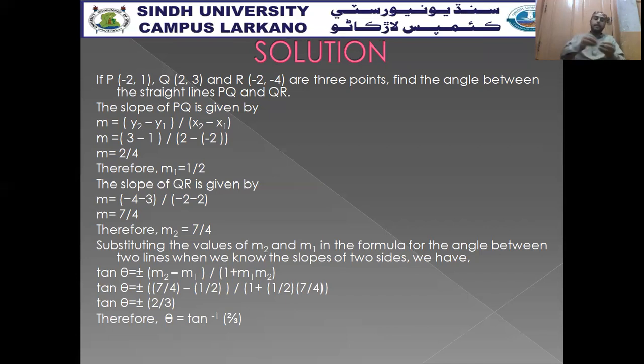We get tan θ is equal to plus or minus (7/4 minus 1/2) over (1 plus (1/2)(7/4)), so tan θ is equal to 2 over 3. Therefore θ is tan⁻¹(2/3).